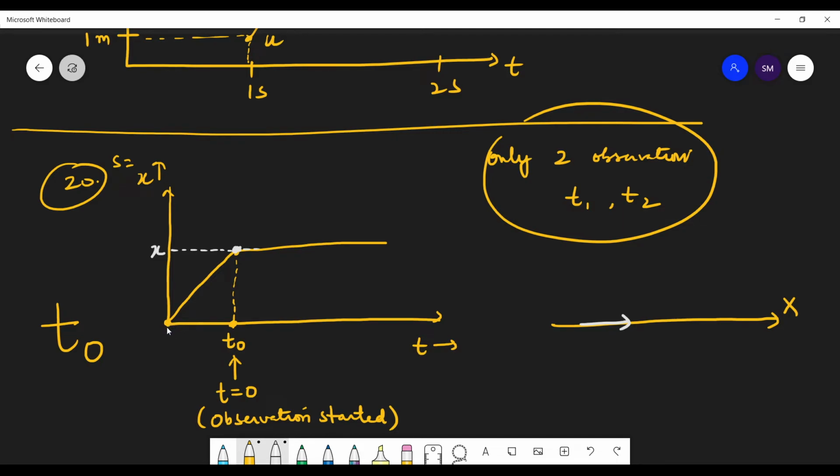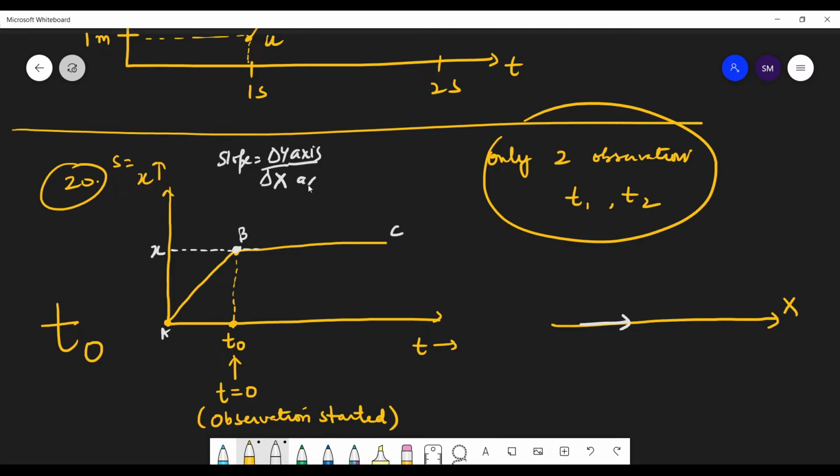Wrong option. Let me divide this graph into two parts, A to B and B to C. He is telling that the particle is at rest. Is the particle at rest? No, sir. See, what is the slope of this graph? Slope is change in y-axis upon change in x-axis.